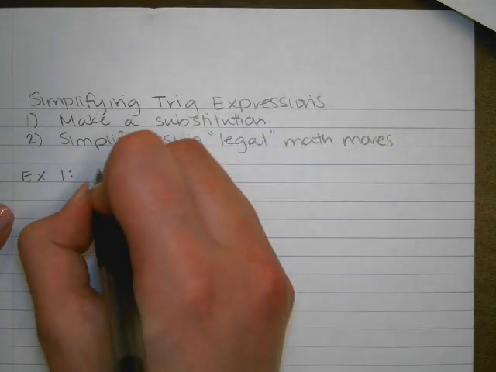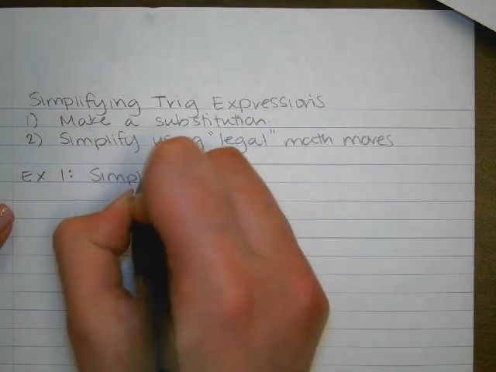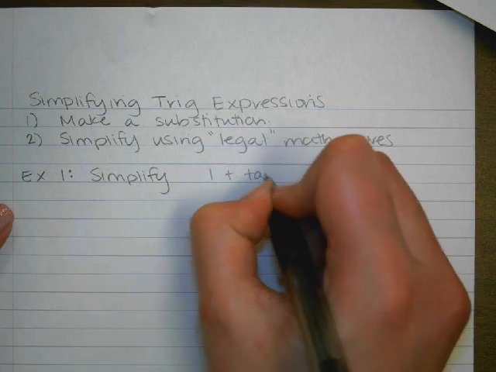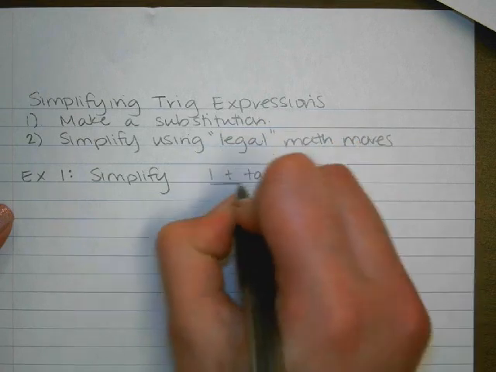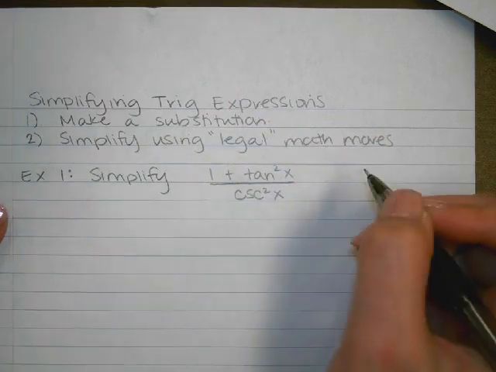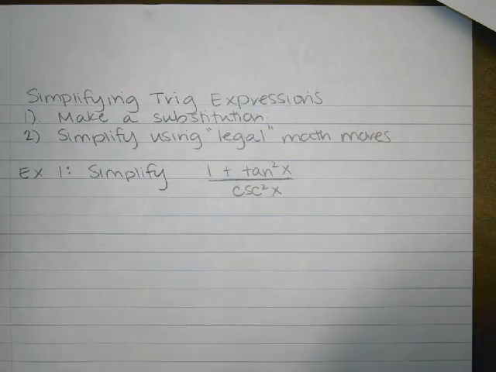First, we're going to simplify 1 plus tan squared x divided by cosecant squared x. All right, so I'm going to go ahead and get my sheet out.